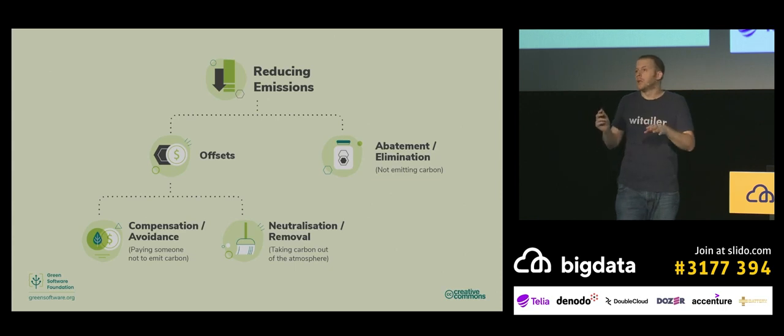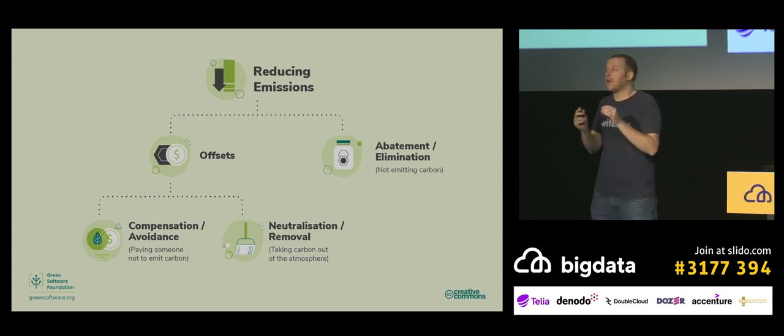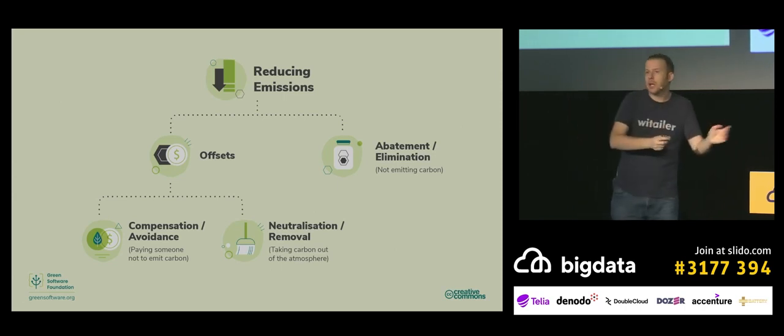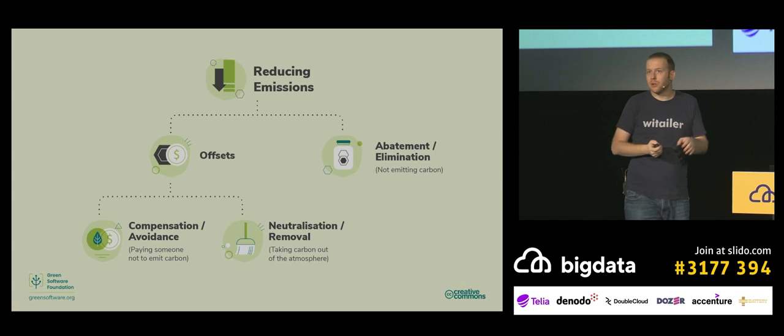Emit as little as you can. So try not to say, okay, I'm emitting so much, but I'm planting trees. No, it's better to not emit. Then we can also plant trees, okay? But not emitting could be the solution.